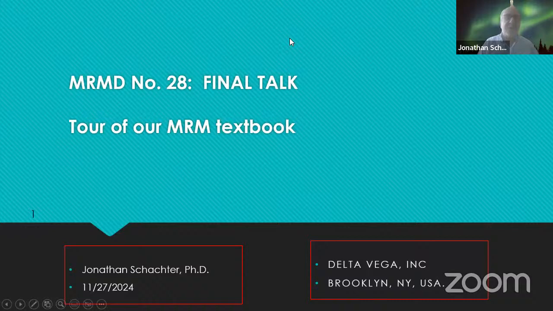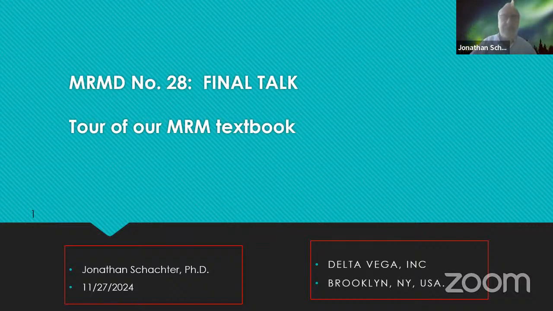So today I'm going to speak in what is the final talk in the model risk management discussion series. And this is a preview of our upcoming model risk management textbook.